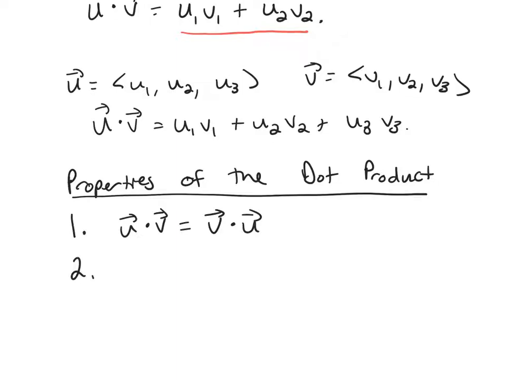The second property is that if I take u dotted with a sum, u plus v, you can essentially distribute: u dot v plus u dot w.